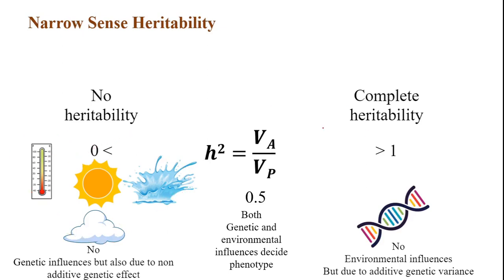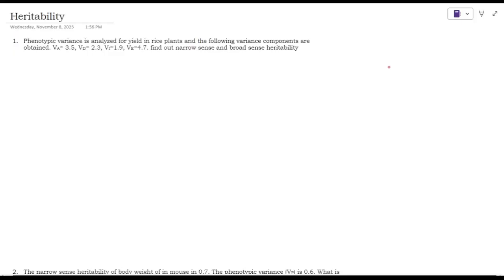Where the small h square value is near 1, there is no environmental influence, but more additive gene actions are there. If the h square value is intermediate, then both additive gene action as well as environmental effect will be there. That is the conclusion with narrow sense heritability.